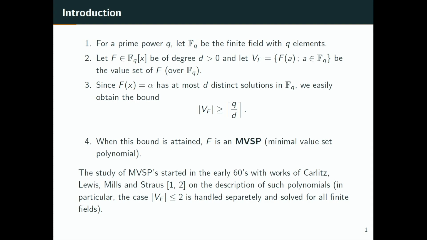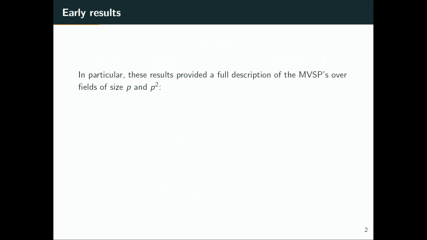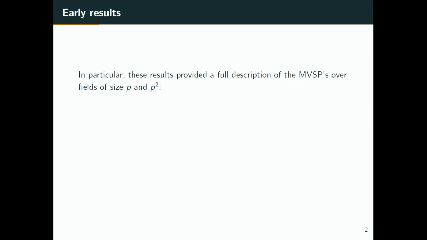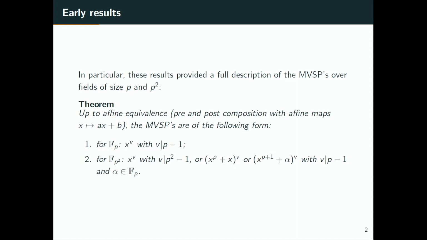And actually we can describe all the polynomials that are MVSPs with value set of cardinality 1 or 2. And so from now on, we only consider MVSPs with a value set having at least 3 elements. And so in particular, in these two papers, these authors described the MVSPs over fields of size p and p squared. And so here's the description.